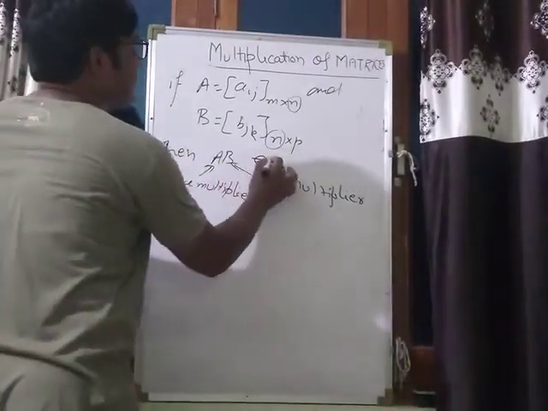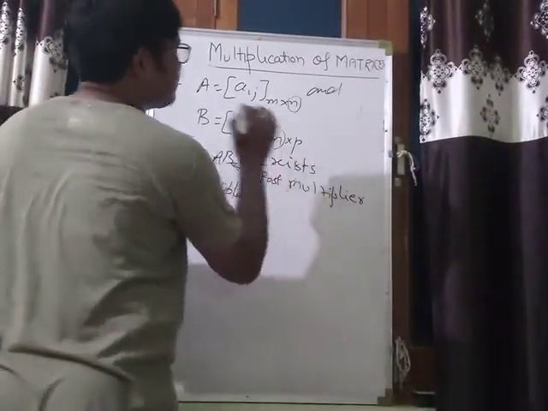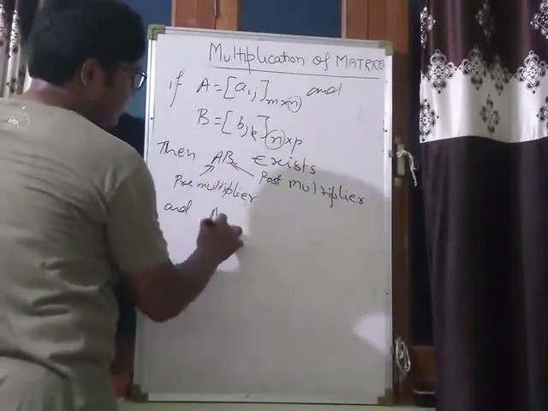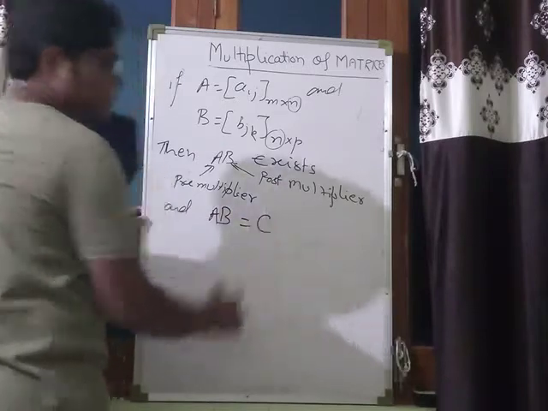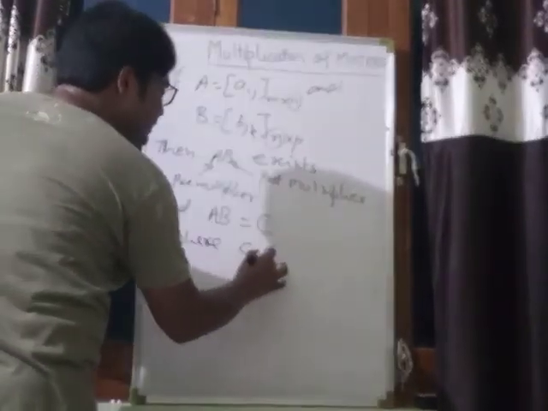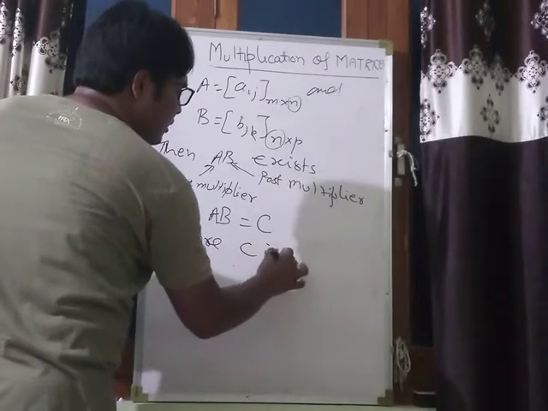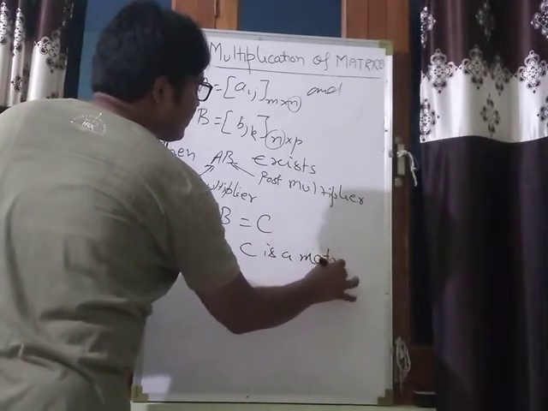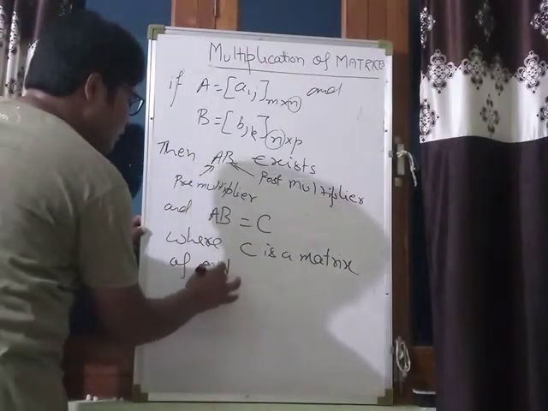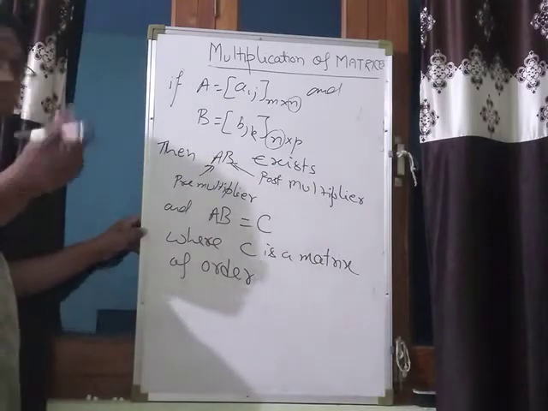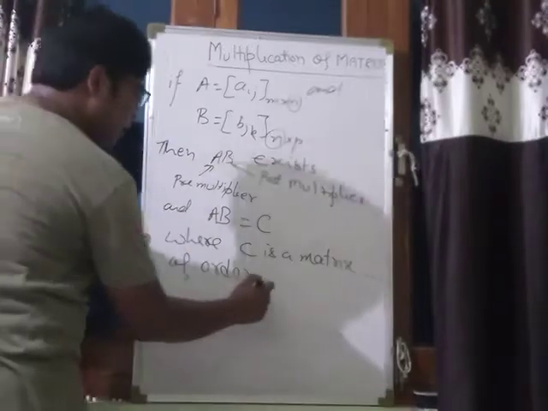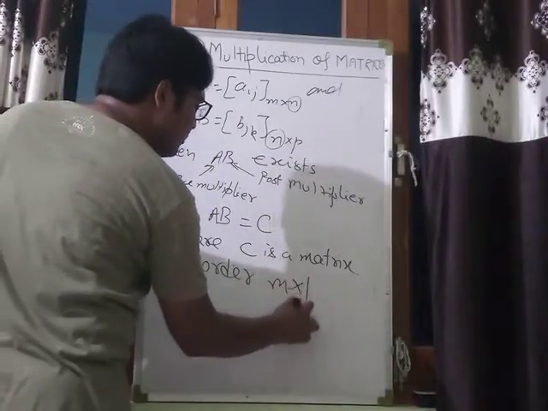Then AB exists. Okay, and AB equals C, where C is a matrix of order, see carefully, m by p.